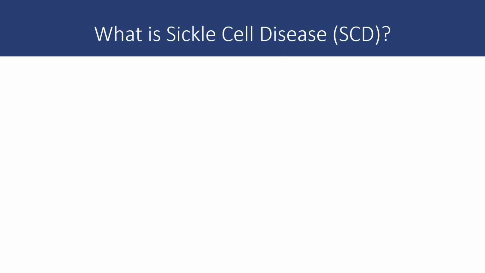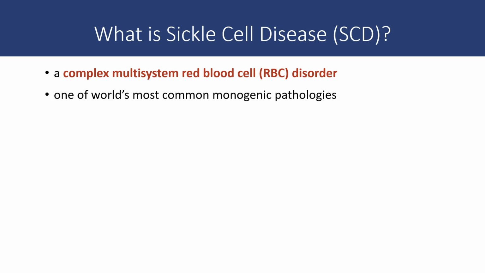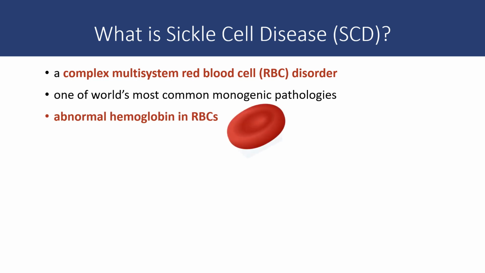To start off with, I will briefly describe sickle cell disease, or SCD. It is a complex multi-system red blood cell disorder, and it is one of the world's most common monogenic pathologies. It involves a genetic mutation that causes the production of abnormal adult hemoglobin, which causes red blood cells, which are typically biconcave discs, to contort into a sickle shape.